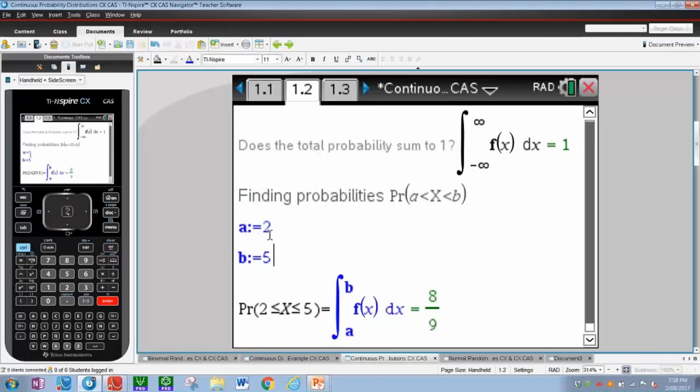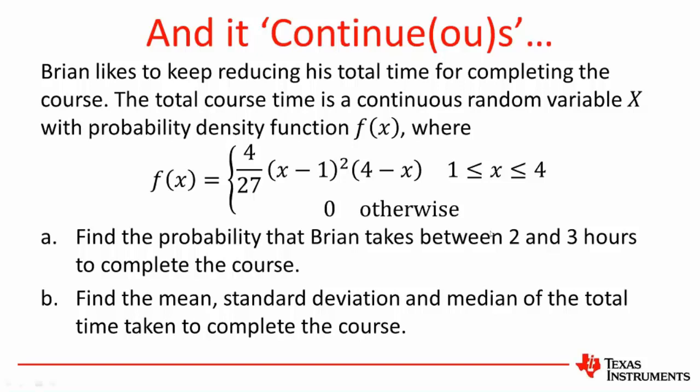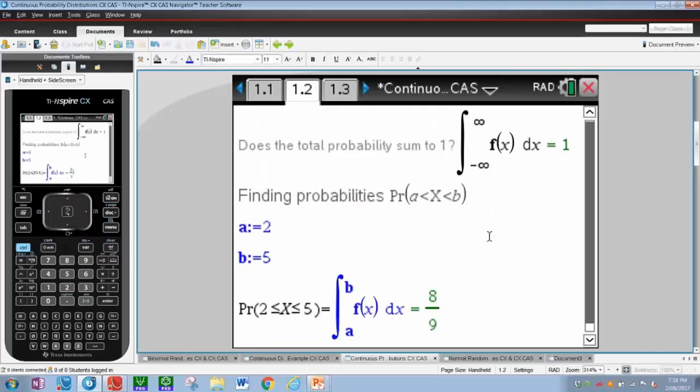But hopefully when they're writing it out, they can change those a and b values to 2 and 5 respectively. And you can see that the probability there is 8 over 9. So we wanted the probability between 2 and 3 hours. So if I change that b value to 3, we get the exact probability, which is 13 on 27.